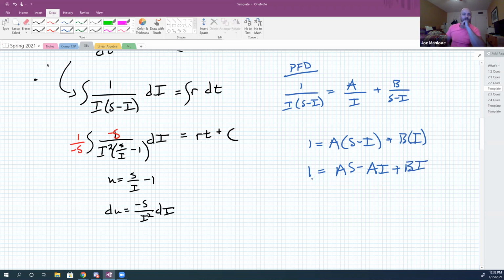I'm pretty sure there aren't any I's over here, right? So that means that these two terms cancel, which means A equals B. And then the other terms tell me that A is 1 over S. You guys with me on that?